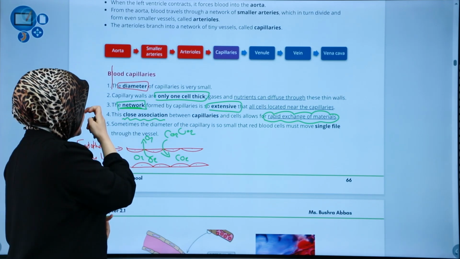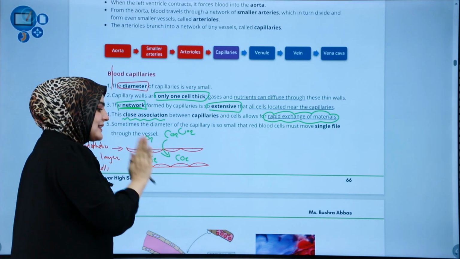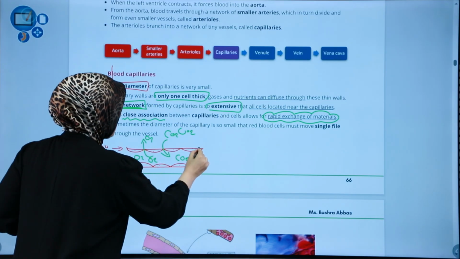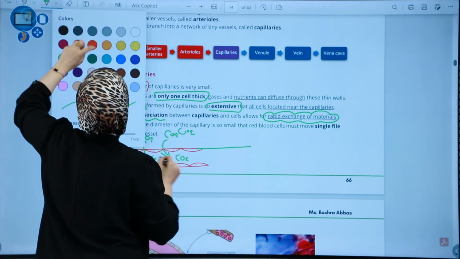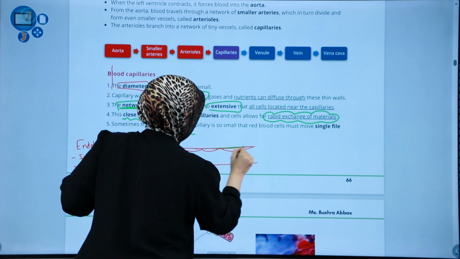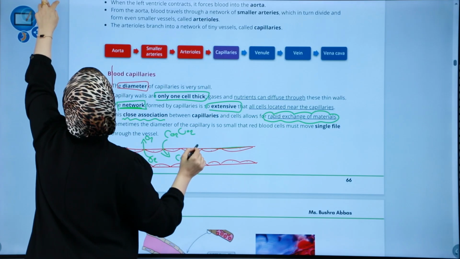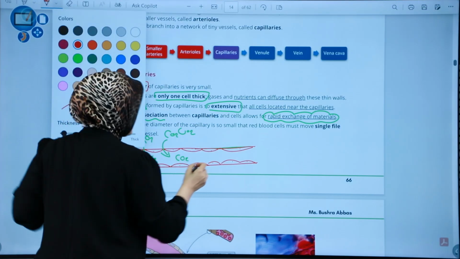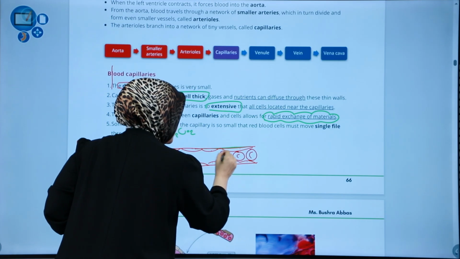And the diameter is small. Remember that. To an extent that sometimes, let's extend this. Oh, I changed the color. Sometimes a capillary is so narrow that it allows only one red blood cell at a time to move.